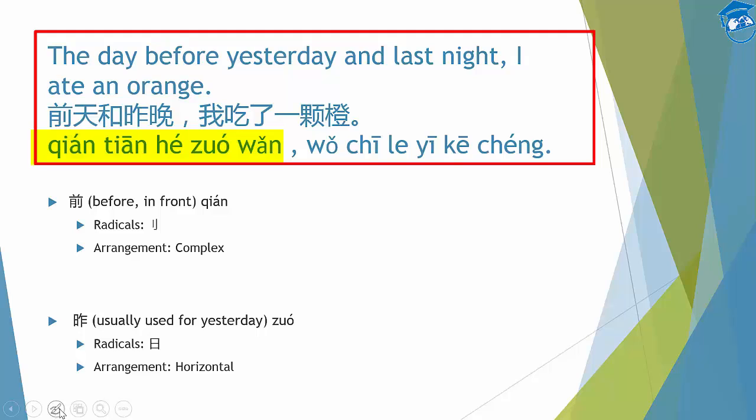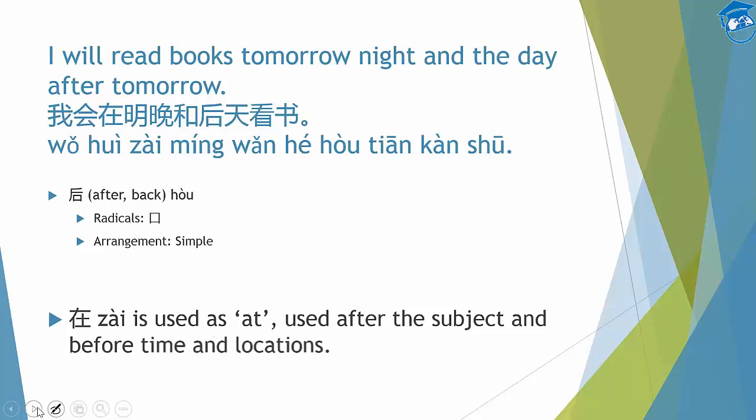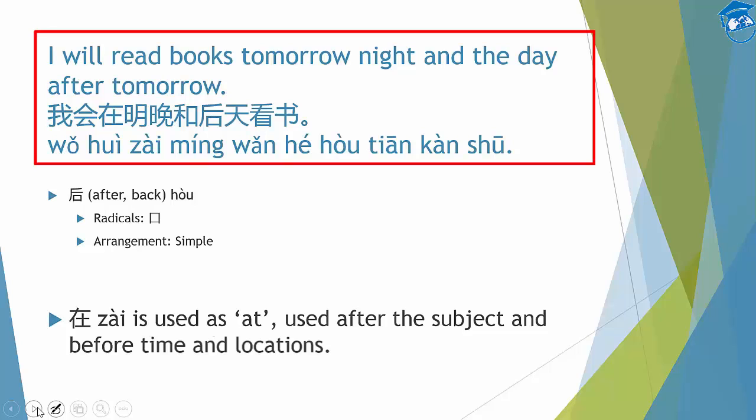Okay, you may have noticed where the time is placed, and in this case, it is in front. Okay, we'll look at the next sample. So the sample sentence here is, I will read books tomorrow night and the day after tomorrow.